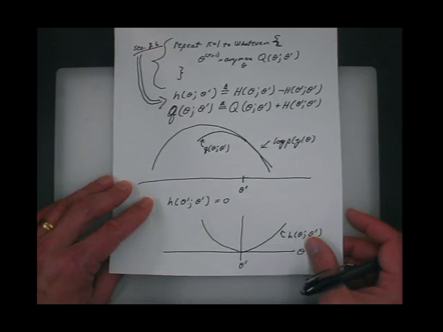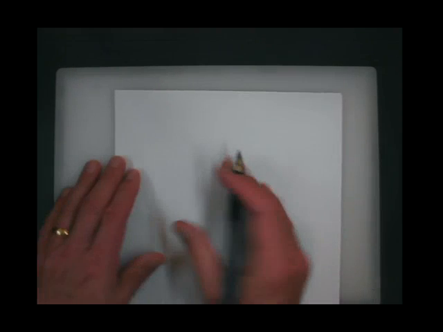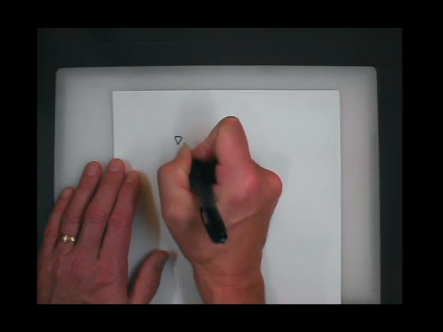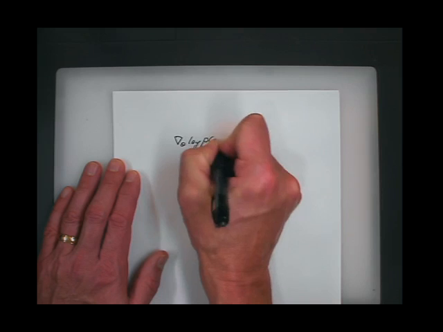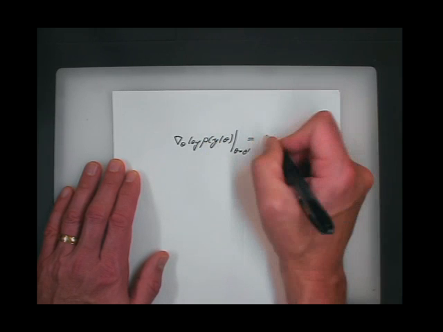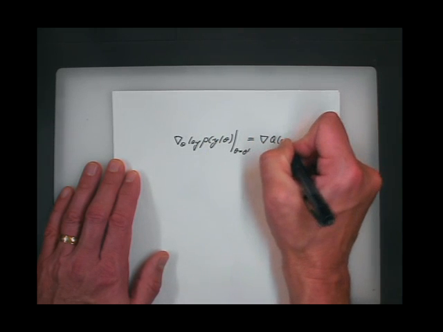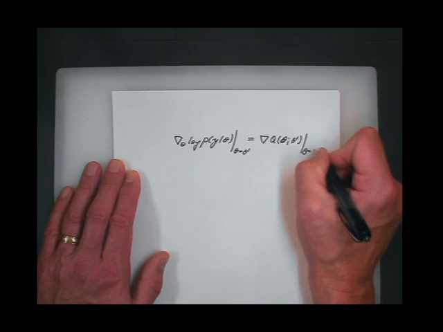So, all right. Does that make sense? Now, that has some consequences. There are a few consequences, which is that the gradient with respect to theta of the log likelihood evaluated at theta equals theta prime is equal to the gradient of the Q function evaluated at theta equals theta prime.